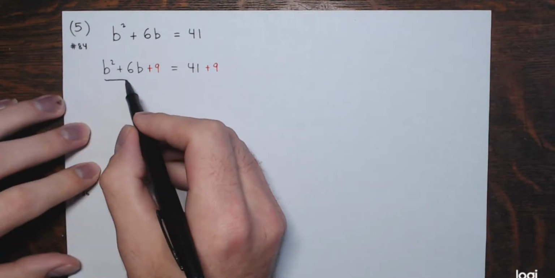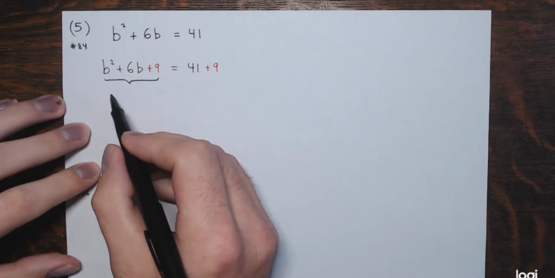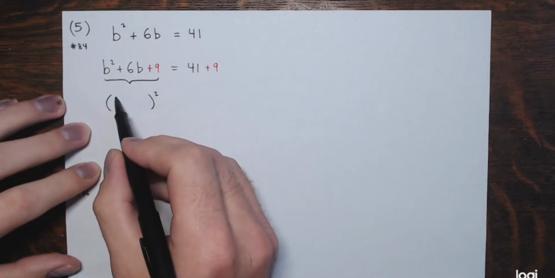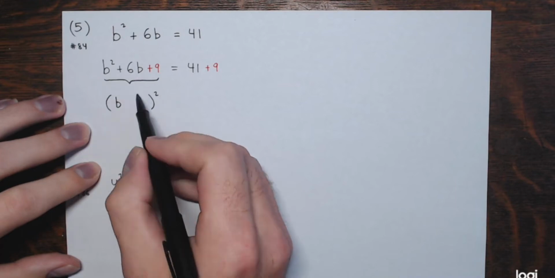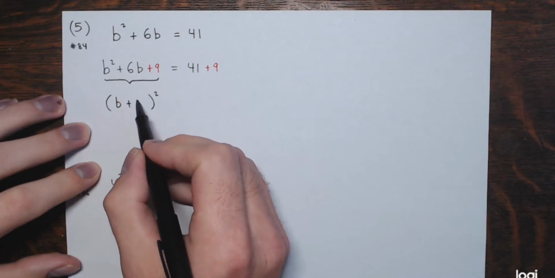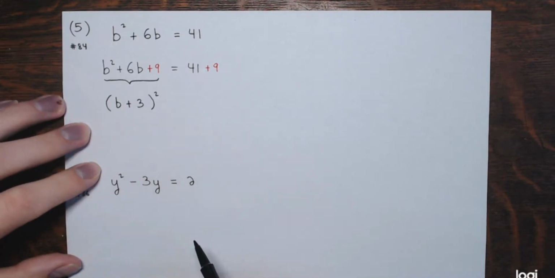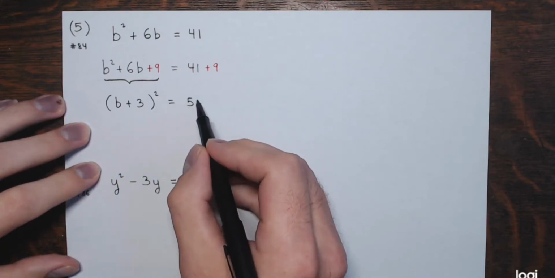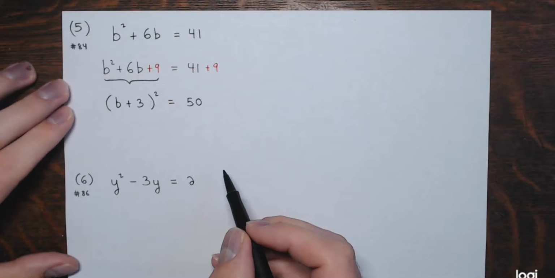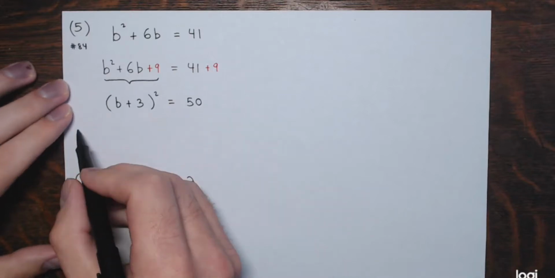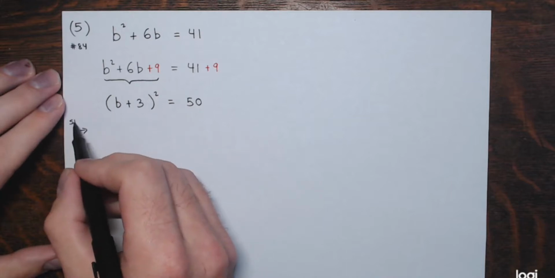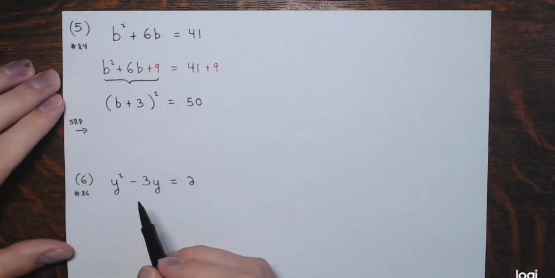This b squared plus 6b plus 9 can be expressed as a binomial squared. And once again, it's the variable plus whatever half the linear coefficient was. So b plus 3 squared equals 50. And now I can apply the square root property. We've got something squared equal to a number. Apply that square root property, SRP.